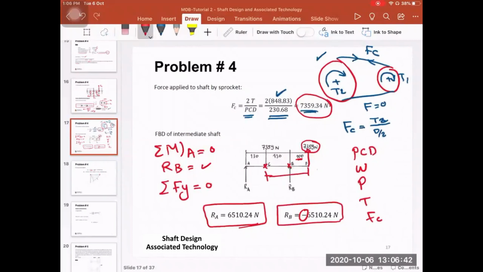Because this force is going up, it's going to be positive, and then this force is multiplied by this distance, which is 130 in this case. And the first distance, if you add 100 to 130, is 230. But remember, the reaction RB itself is negative, so you need to take this into account.